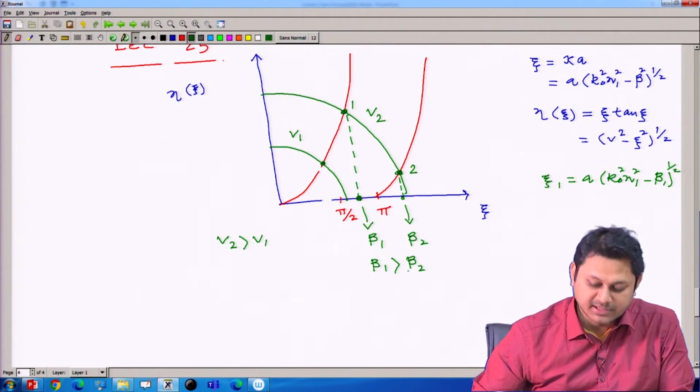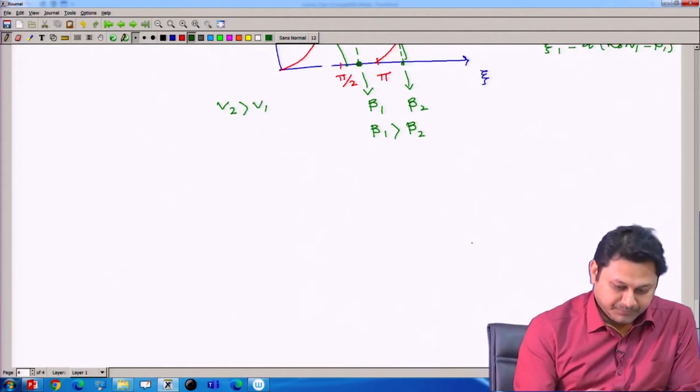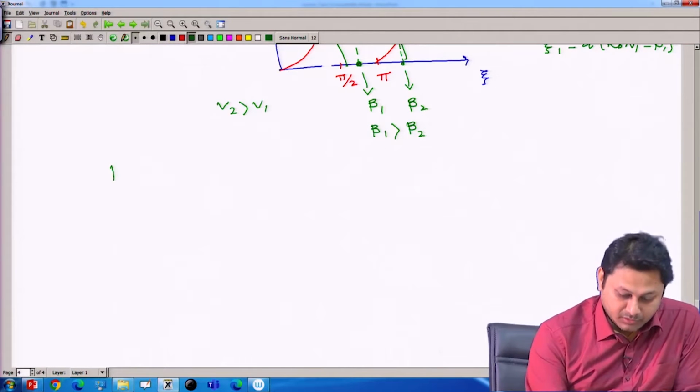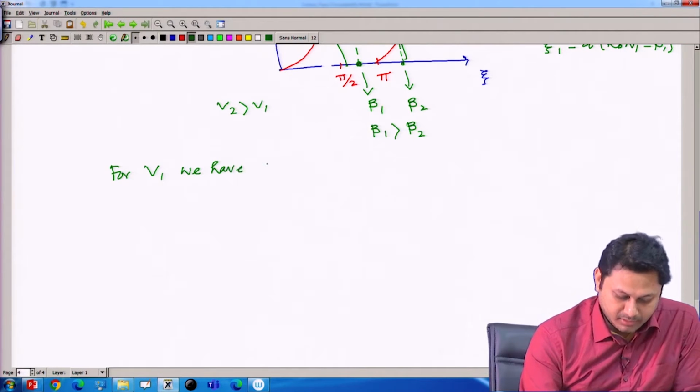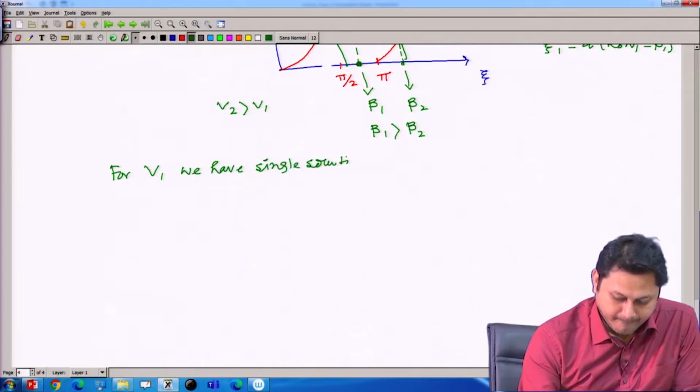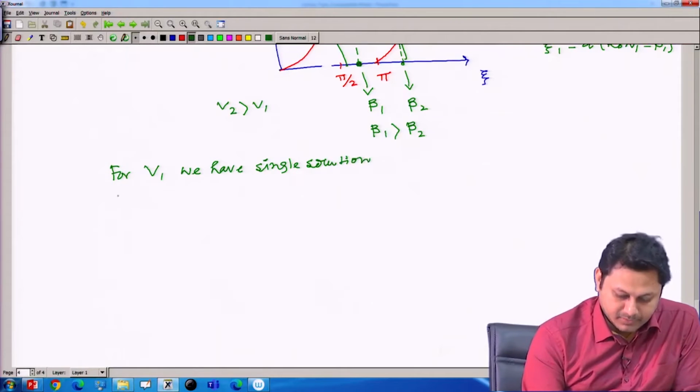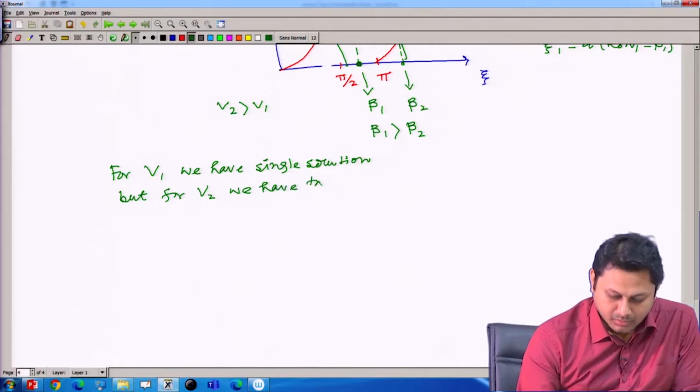That is precisely written here. So, for V1 we have a single solution, but for V2 we have two solutions.